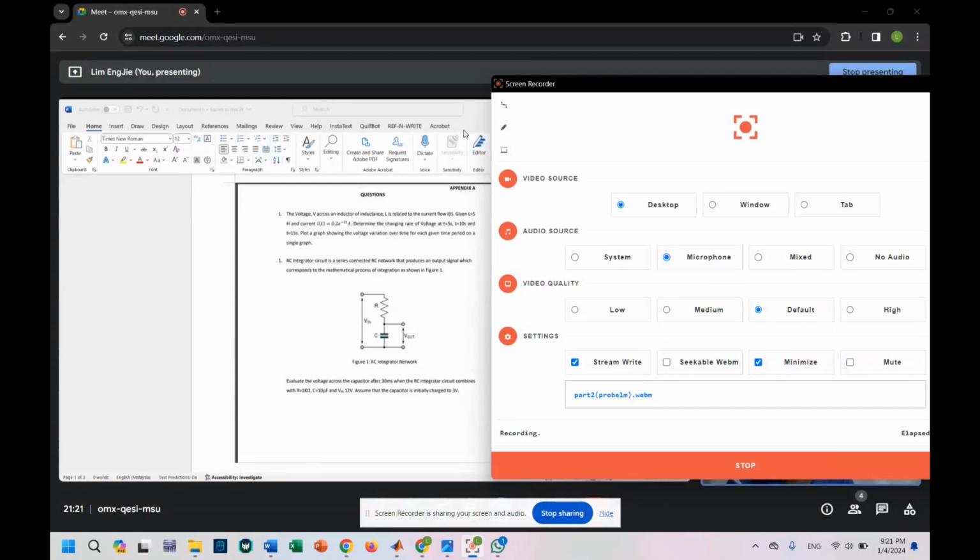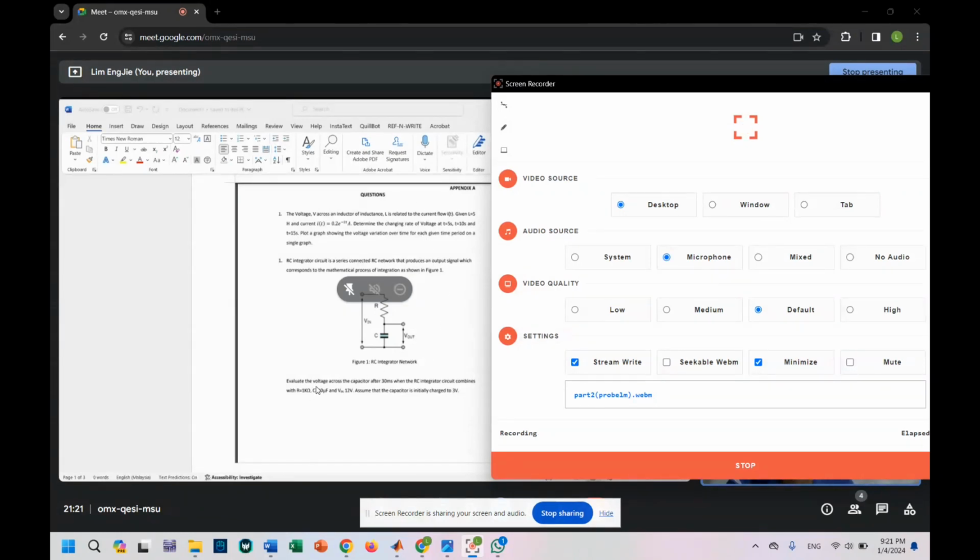For question number two, it's about an RC integrated circuit, which is a series connected RC network that produces an output signal which corresponds to the mathematical process of integration, as shown in figure 1. So this is figure 1.